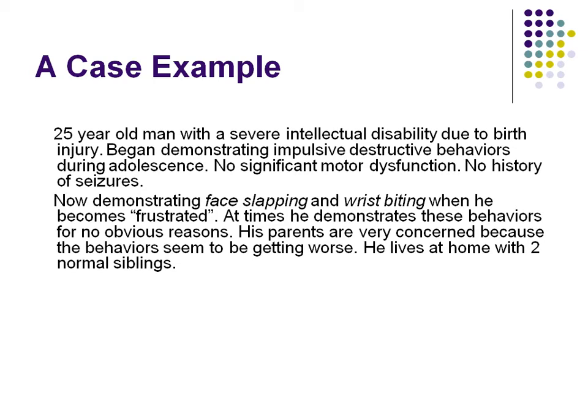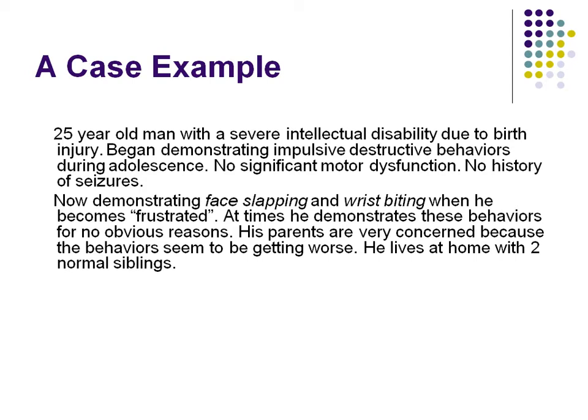Now here's a case example. This is a 25-year-old man with a severe intellectual disability due to birth injury. He began demonstrating impulsive destructive behaviors during adolescence. There's no significant motor dysfunction, there's no cerebral palsy, no history of seizures.